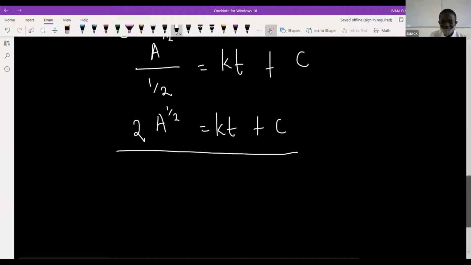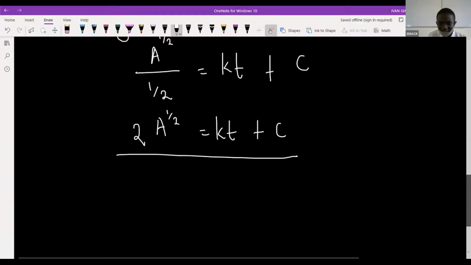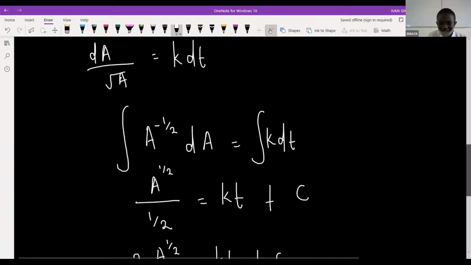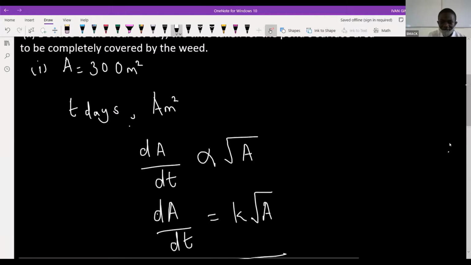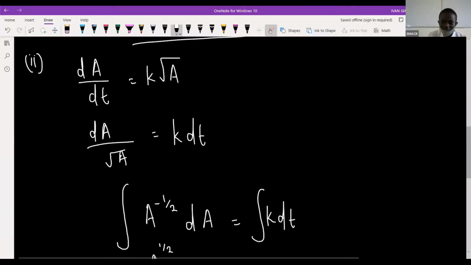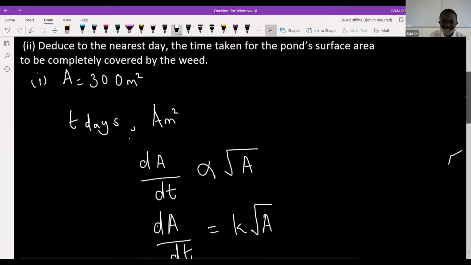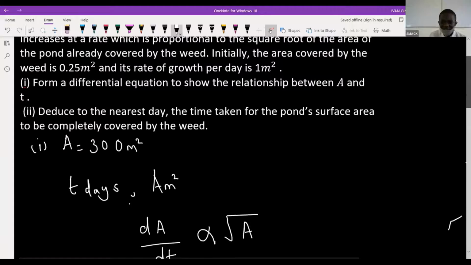Then we proceed to finding the particular solution of the equation. We first begin by taking initial conditions to get the constant c. From our question, we have been told that initially the area of the pond covered by the weed is 0.25 meters squared.